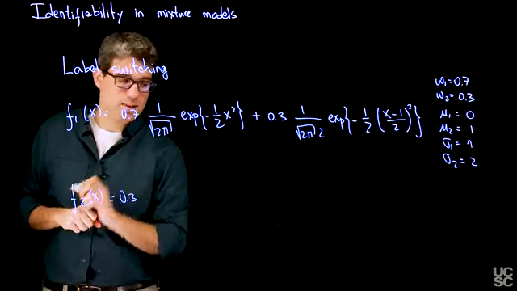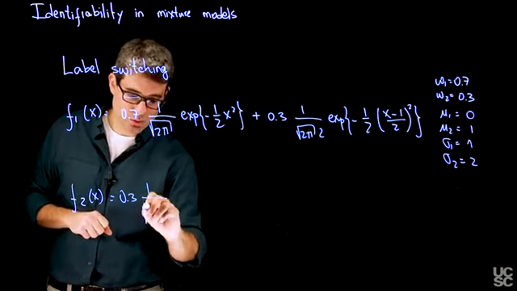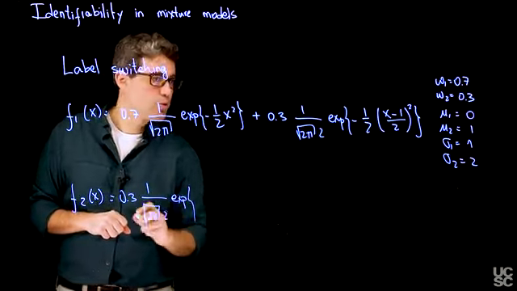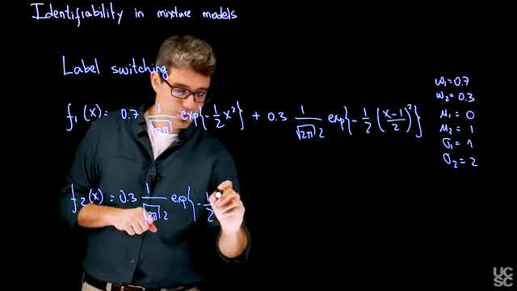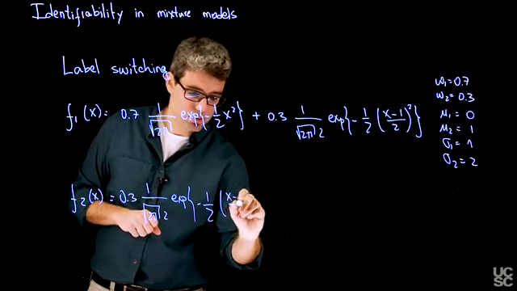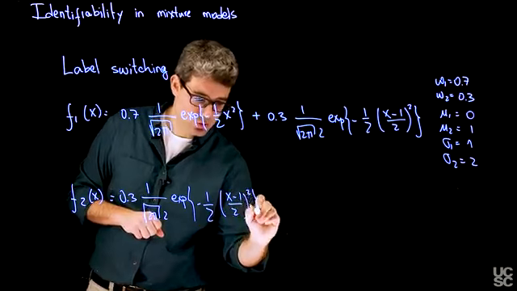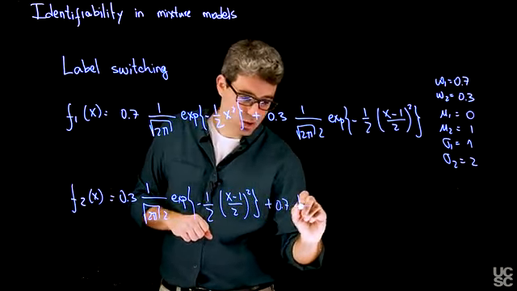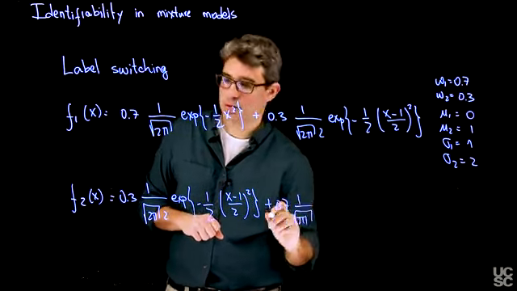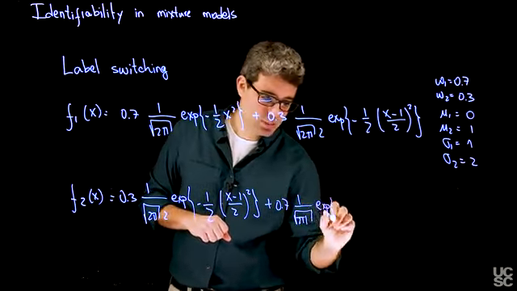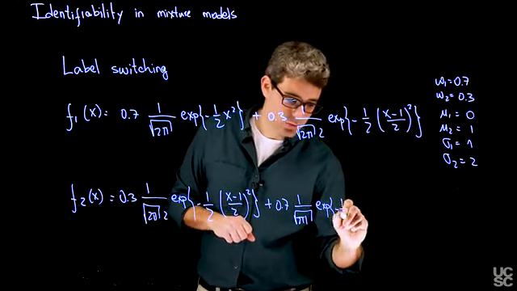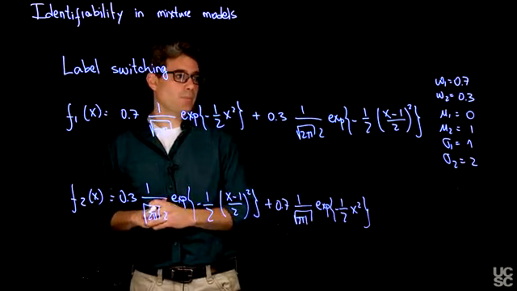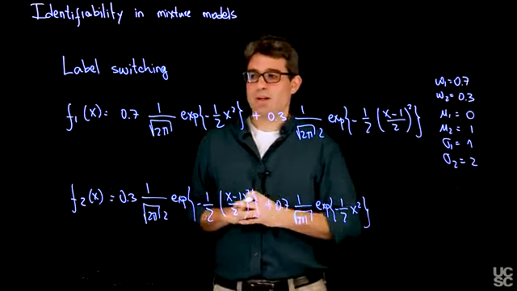So I'm going to say this is 0.3, 1 over square root 2 pi, exp of minus 1/2 (x minus 1 divided by 2) squared, plus 0.7, 1 over square root 2 pi, exp of minus 1/2 x squared.